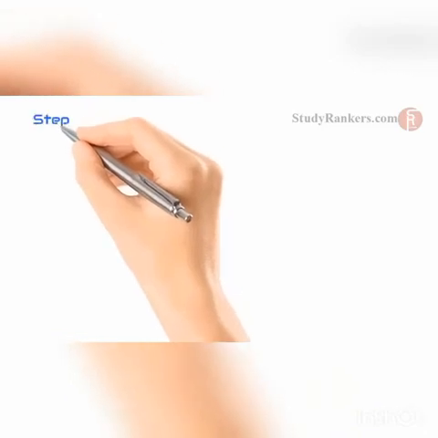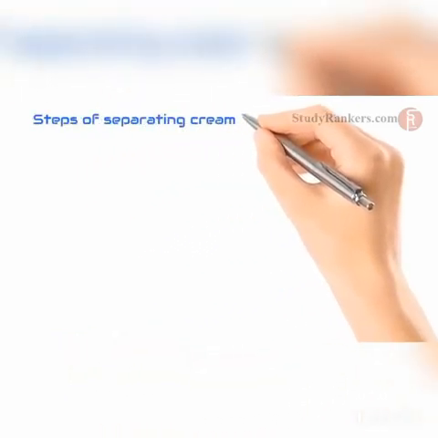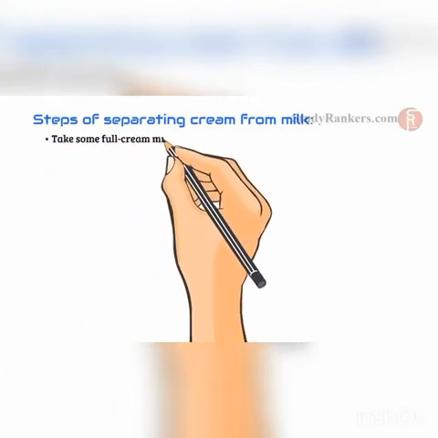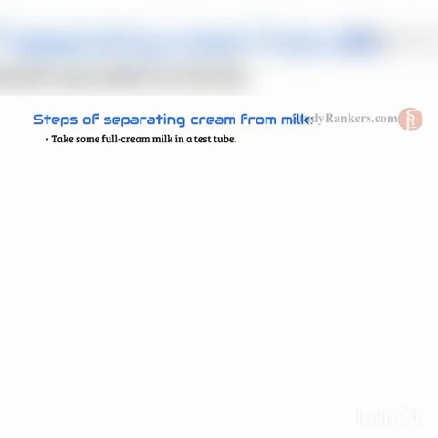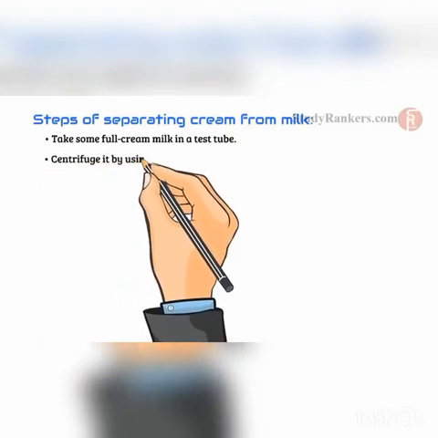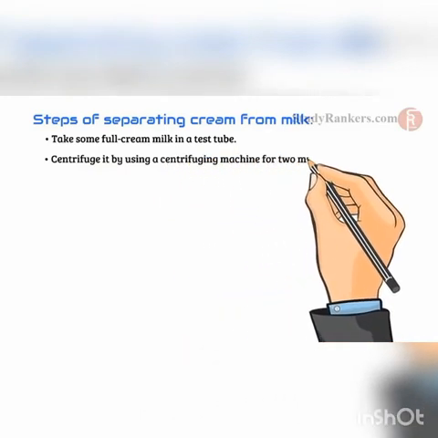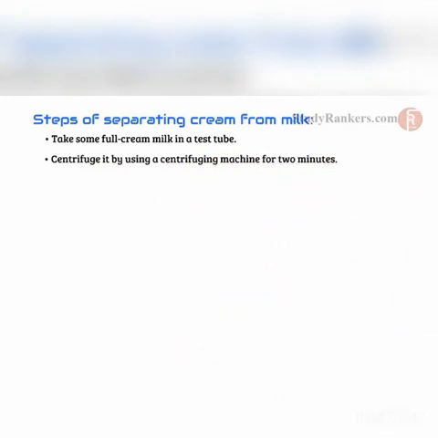To understand it properly, let's see the steps involved in separating cream from milk. First, we will take some full cream milk in a test tube. Now, we will centrifuge it using a centrifuging machine for 2 minutes.